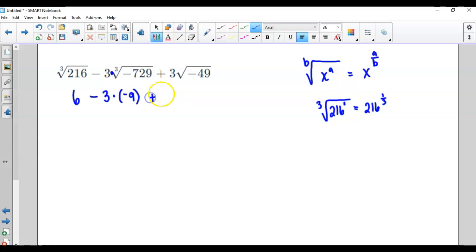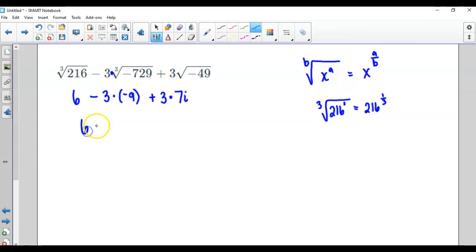And then we've got plus 3 times, the square root of 49 is 7, but we have that negative, so we've got to have an i with that one. So we end up here with 6 plus 27 plus 21i. And 6 plus 27 here is going to give us 33 plus 21i, so that would be our answer for this problem.